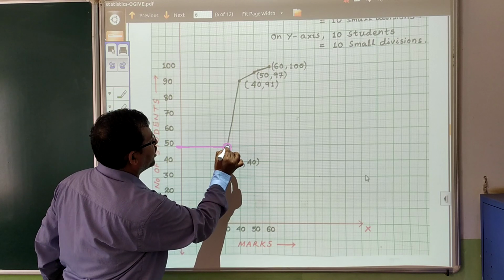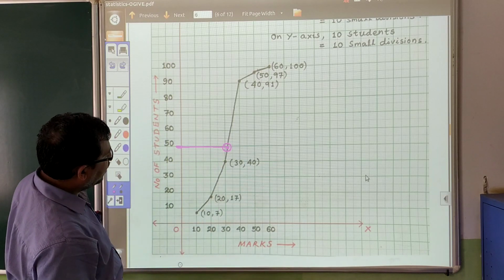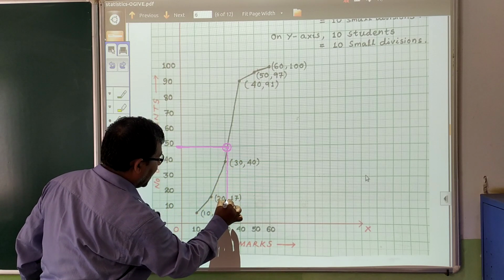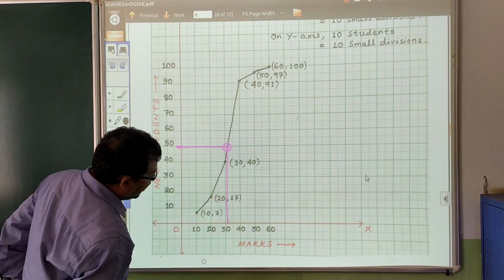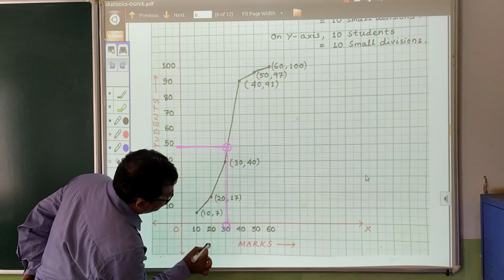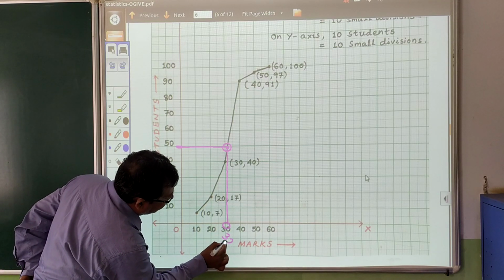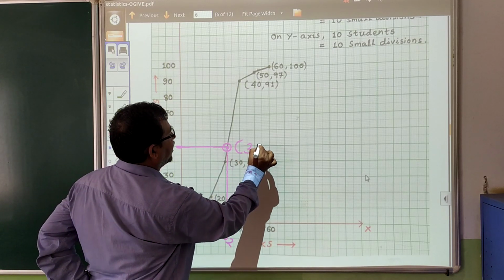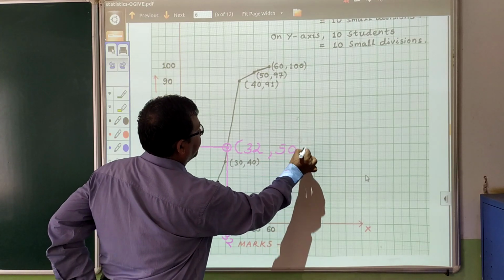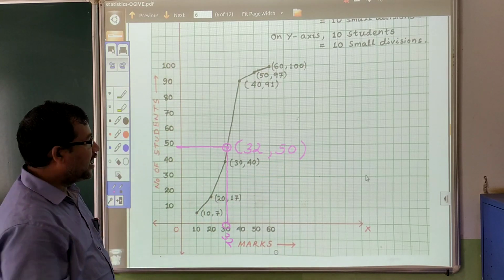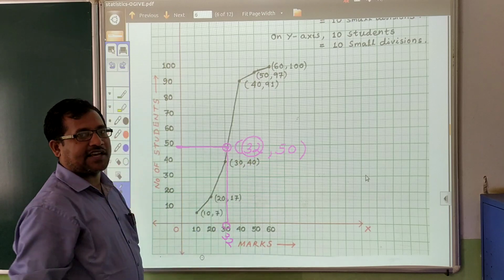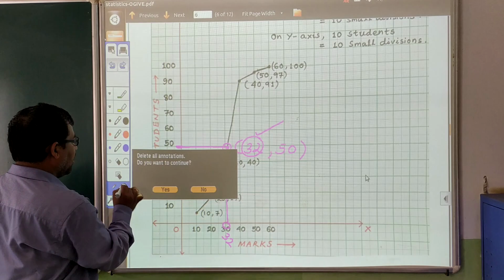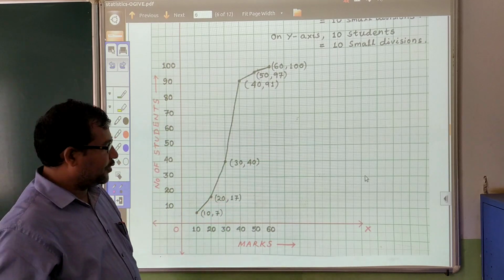It is touching the ogive in this point. And if I draw a perpendicular on x-axis from this point, definitely I can see it is touching the x-axis at 32. So the coordinates of this point is 32, 50. And what is the abscissa? Abscissa is 32. So this abscissa is the median of this distribution.